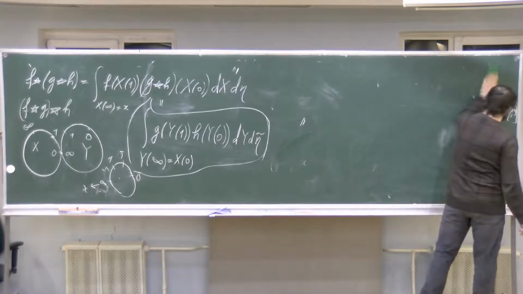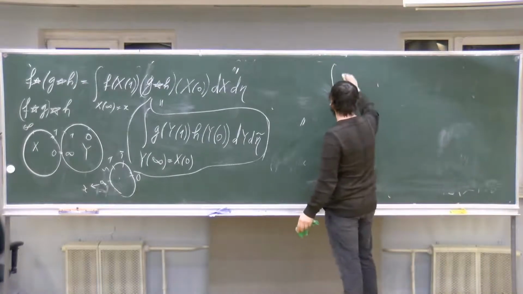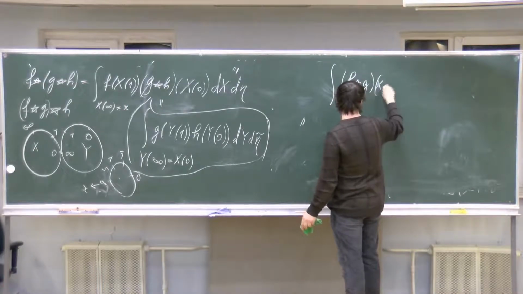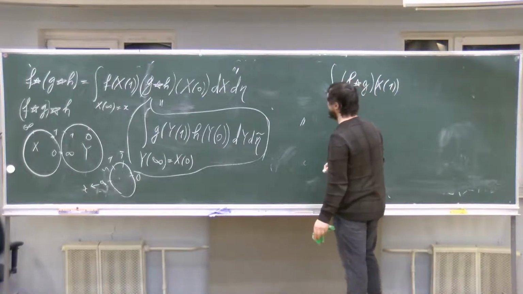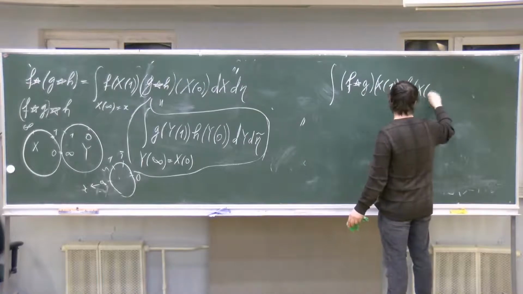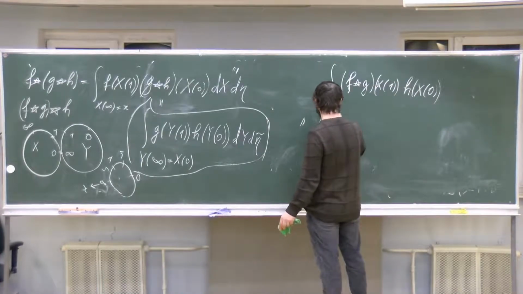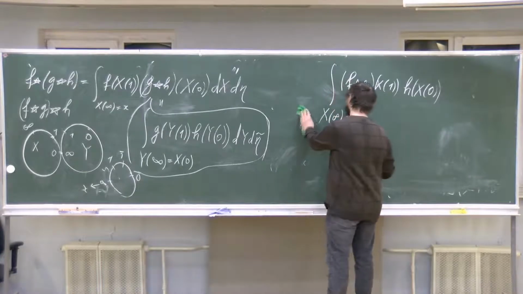So you have the integral of f star g at the point x of 1, right, times h of x of 0. Here we have integration over all x which send infinity to the point x.